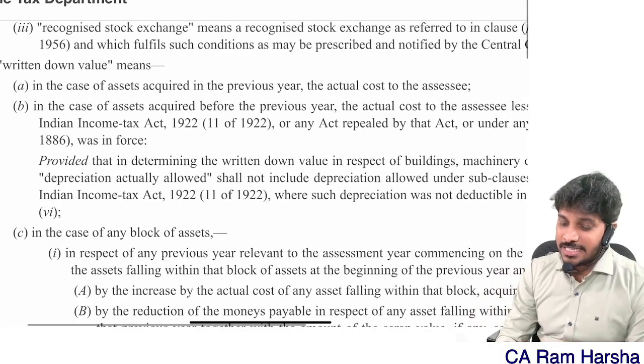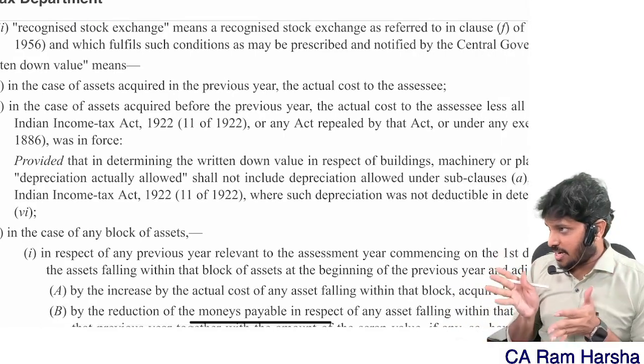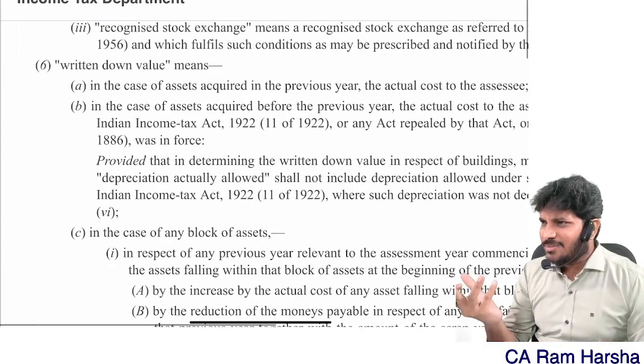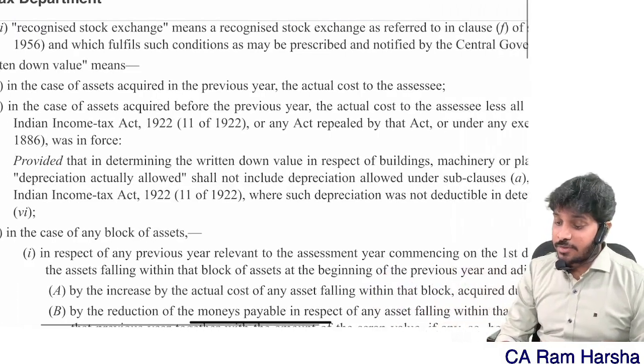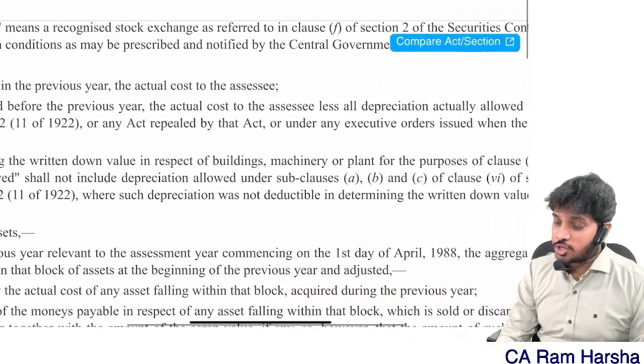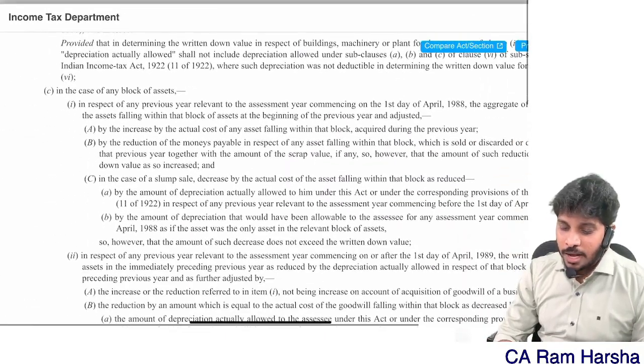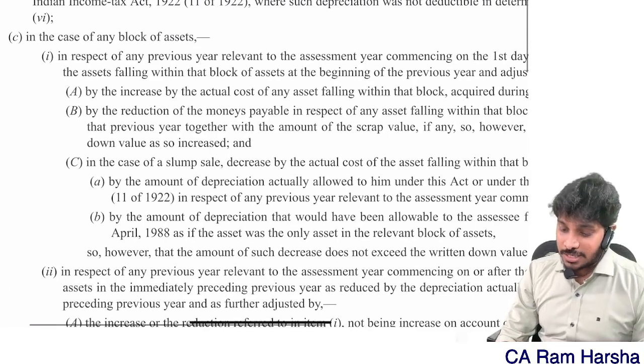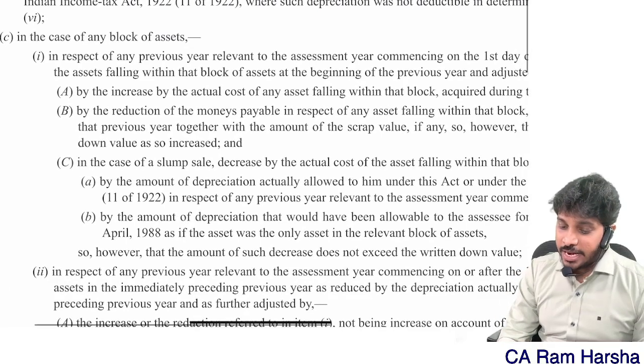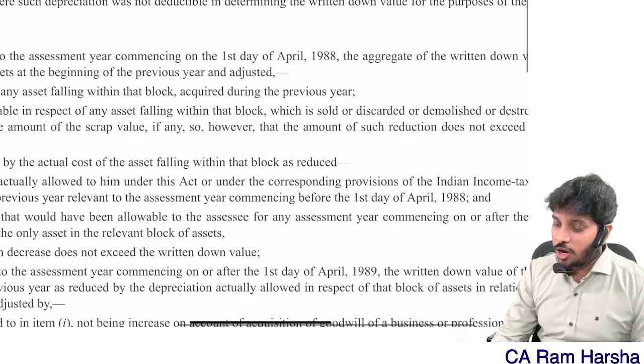In case of assets acquired in the previous year, nothing but in the current year, it is the actual cost. Suppose assets are acquired before the previous year, then it is actual cost less depreciation. This is the old provision.